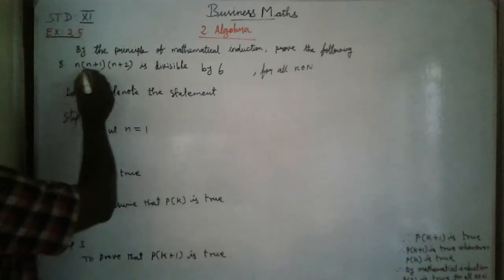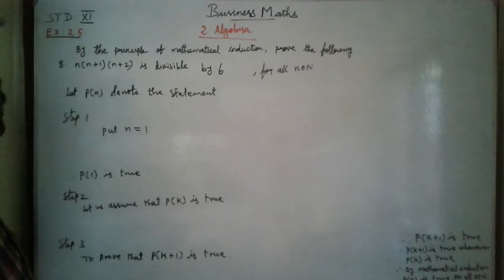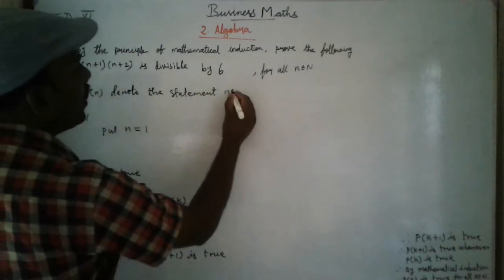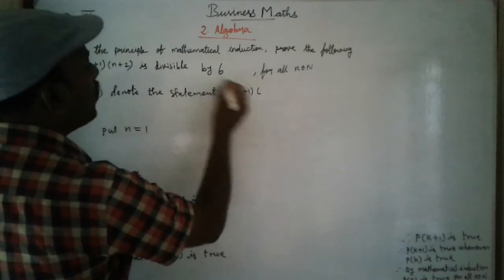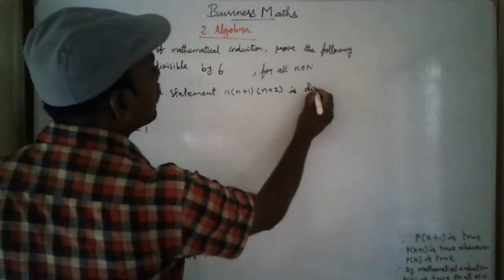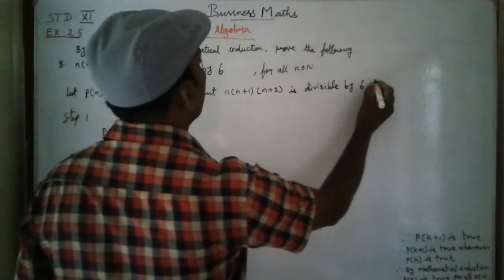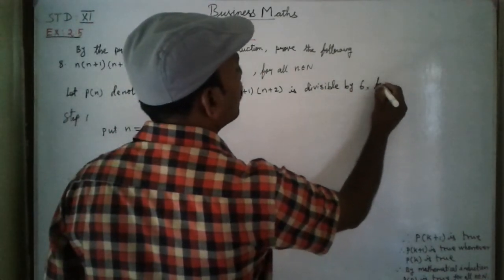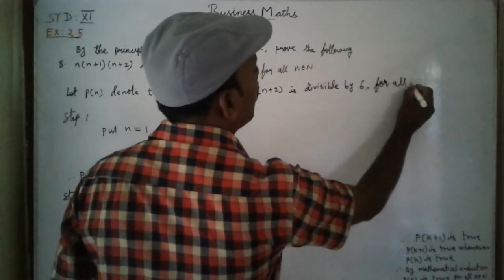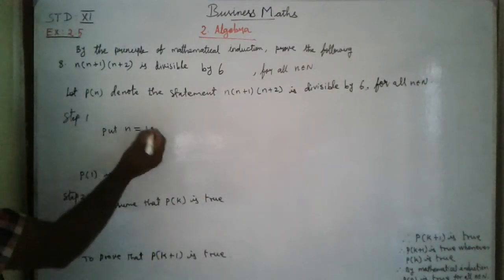Eighth sum: n into n plus 1 into n plus 2 is divisible by 6 for all n belongs to N. Let p of n denote the statement n into n plus 1 into n plus 2 is divisible by 6 for all n belongs to N. Step 1, put n equal to 1.